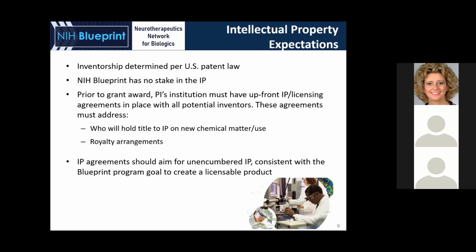So a word or two about inventorship, since we left off with that. Our intellectual property expectations are such that inventorship is determined and defined per US patent law.